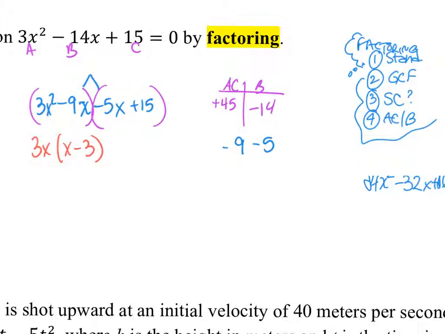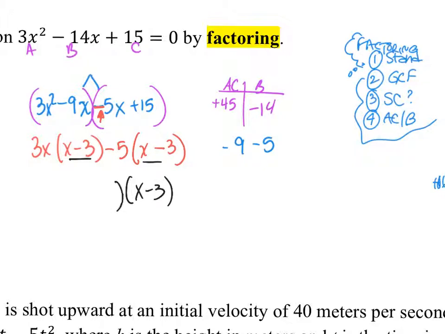Negative 5. Because remember, the leading coefficient is negative, so you got to factor out the negative. And what's left inside? X minus 3, right? Because it was a positive and you divided it by a negative. And then you've got what we call the little twin guys, x minus 3. And you're left with 3x minus 5.